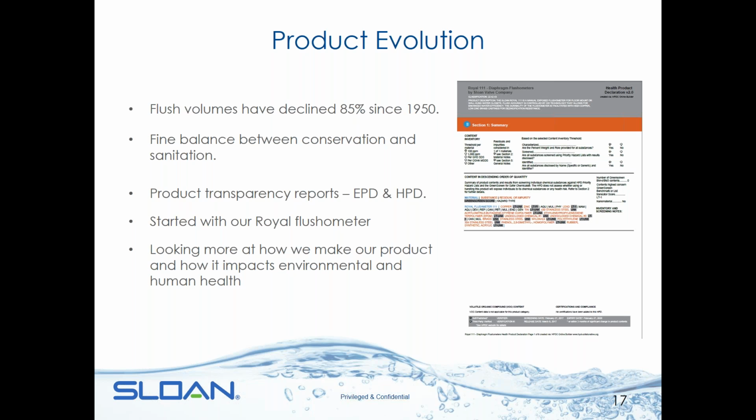So we utilized SCS Global for our EPDs and our HPDs, and we started on the product that actually started Sloan. It was our Royal Flushometer. We chose a cradle-to-grave cycle for our EPDs and the 100 part per million level for our HPDs. And the amount of detail we received from those reports was amazing.